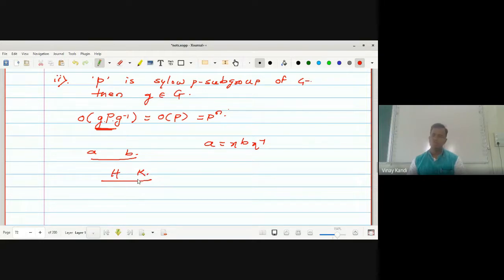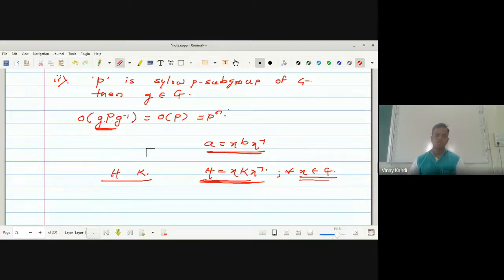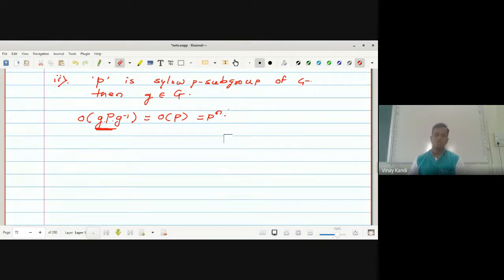H and K are conjugate to each other if there exists an element X such that H = X K X inverse, for X belonging to G. This is the definition of conjugate subgroups, and the earlier one is the definition of conjugate elements. So the conjugate of the subgroup P will be g P g inverse. The order of P is equal to the order of its conjugate, which is P raised to n.